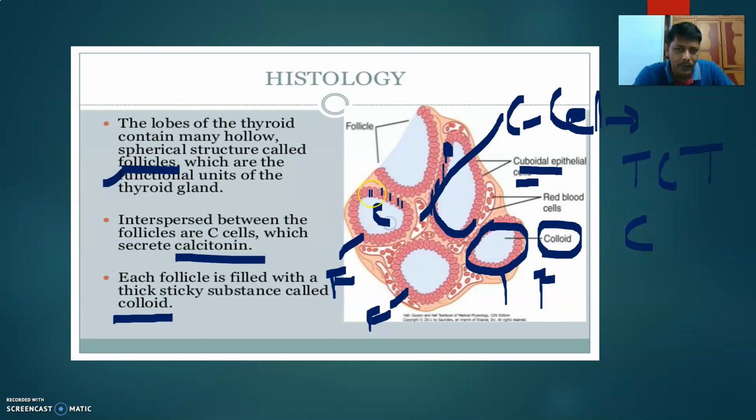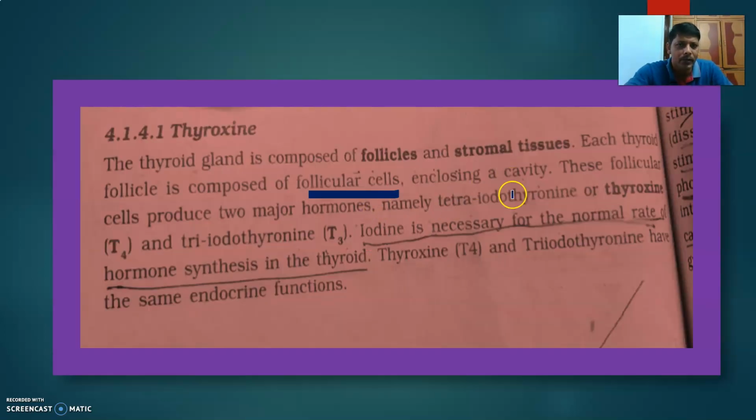The follicular cells produce two major hormones, namely tetraiodothyronine, that is T4, which is otherwise called thyroxine, and T3, triiodothyronine.